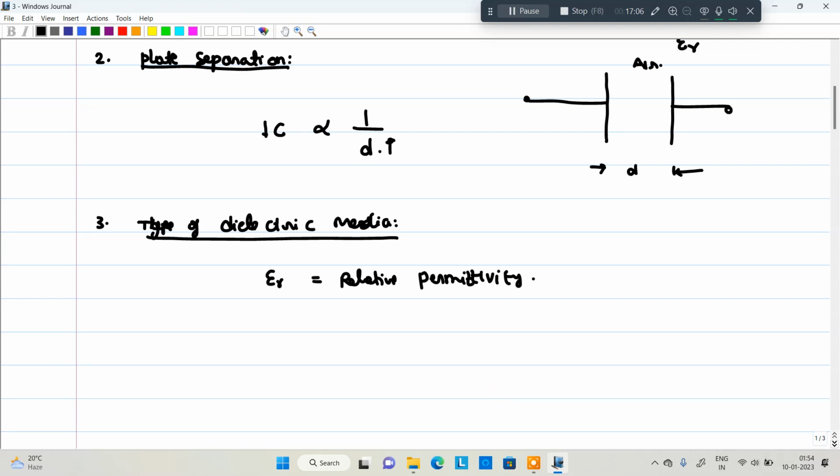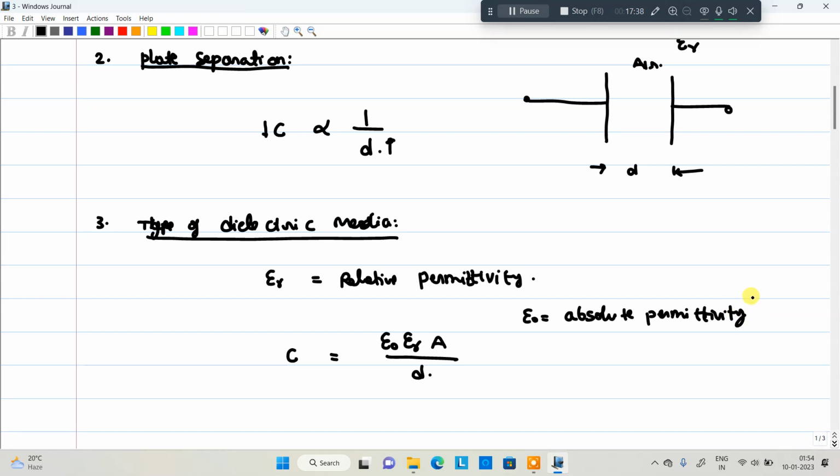Higher the value of epsilon R, the capacitance is also higher. So combining all these together, capacitance is equal to epsilon naught epsilon R A by D. Here epsilon naught is the absolute permittivity.